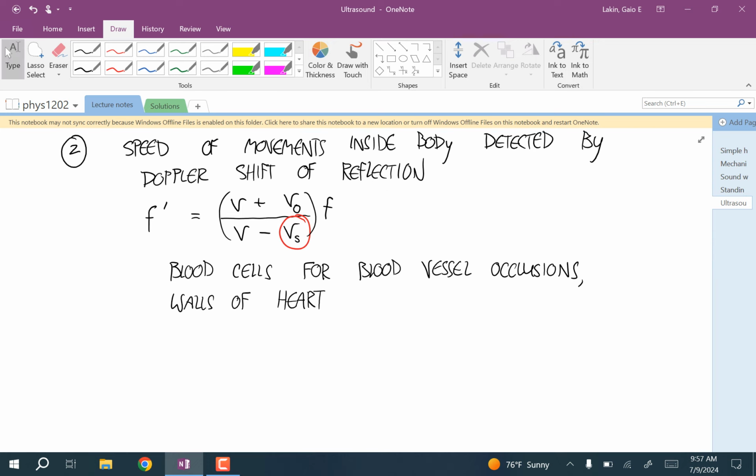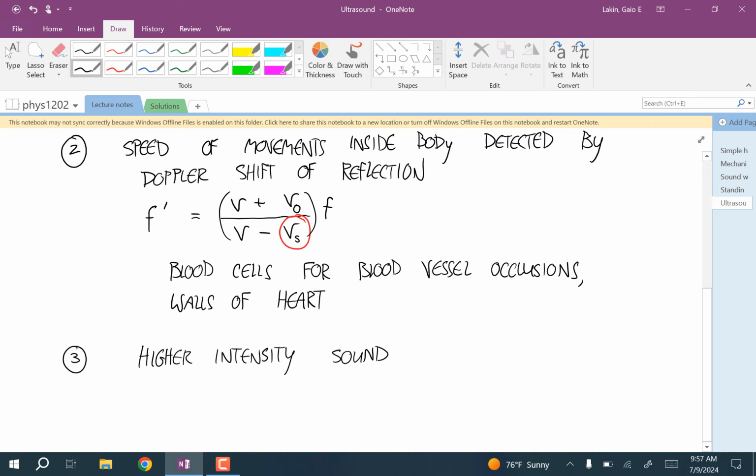The third application of ultrasound in medicine is, if you use higher intensity sound waves, you can provide heating subdermally under the skin to muscles or tendons or things that you're trying to rehabilitate.